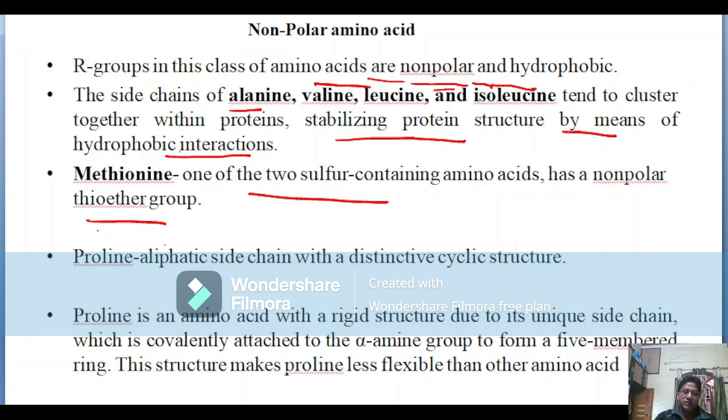Due to this, proline makes proteins less flexible than other amino acids. This specific cyclic structure of proline causes the folding of the protein, and where proline is present, the chain folds back. So proline has a very important role in the structural conformation of the protein.